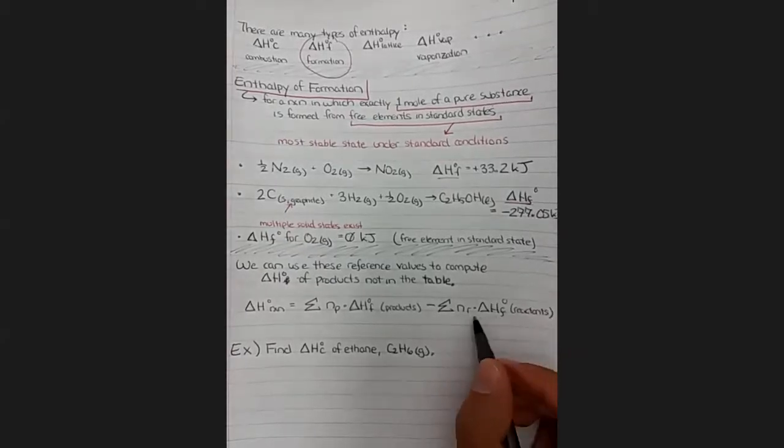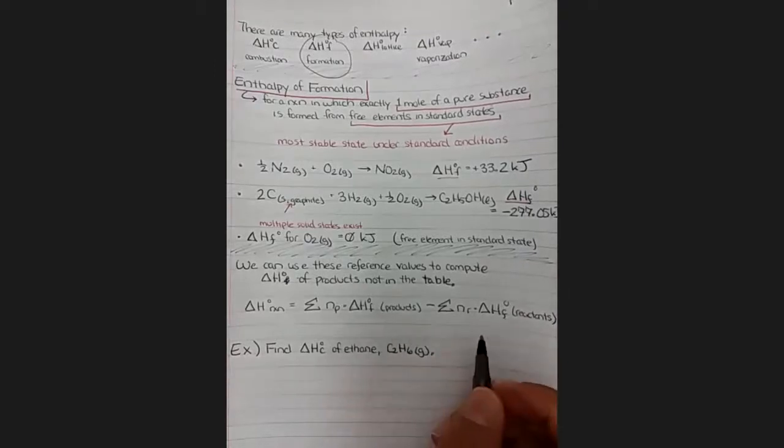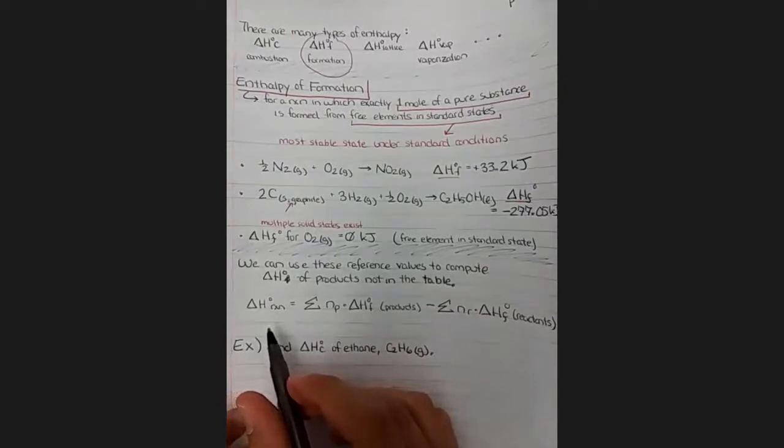So you have to unform the reactants and then form those into products. So we subtract out reactants and add together products to get the total delta H of some sort of a reaction using the values from this table.